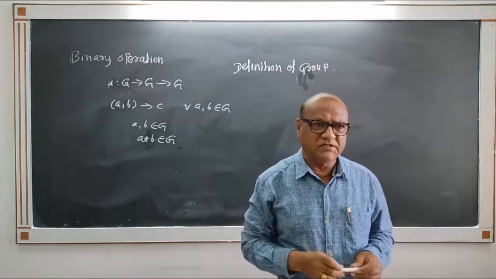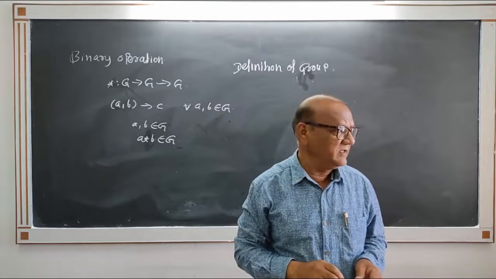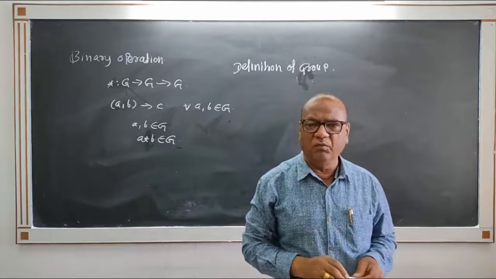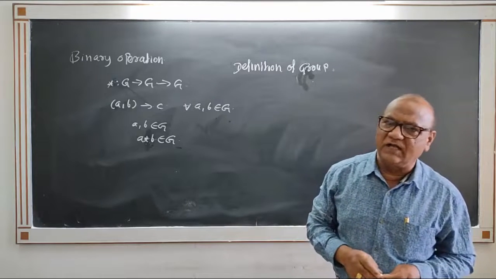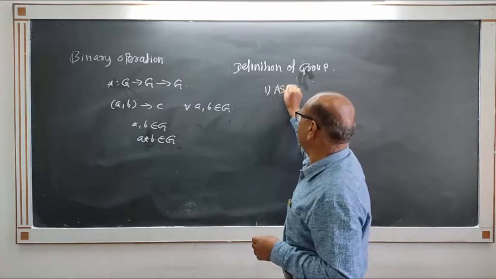G is a non-empty set with binary operation star is said to be group if the following axioms are satisfied. First, associativity.